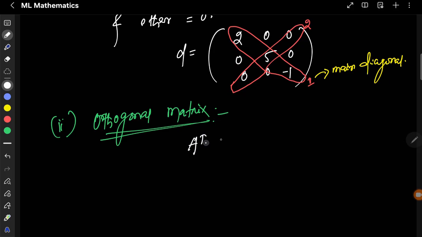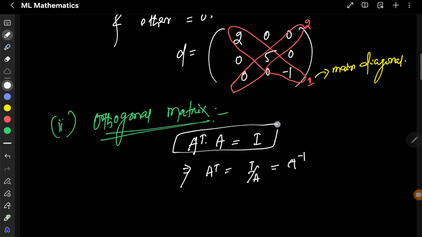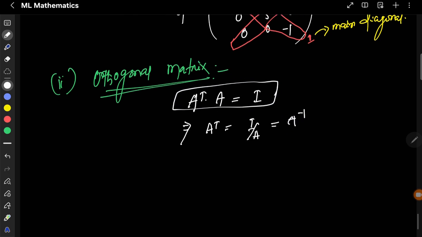I'm trying to say A into A transpose is nothing but I, or I can say A transpose is equal to A inverse. Don't be scared, this is a simple formula. So this is my rule to be an orthogonal matrix.